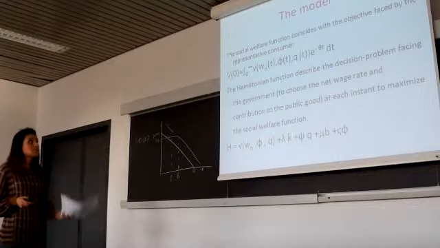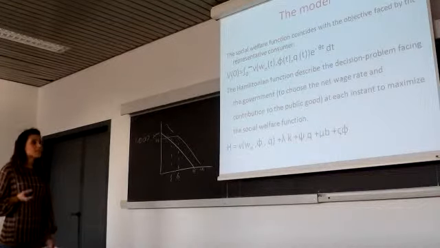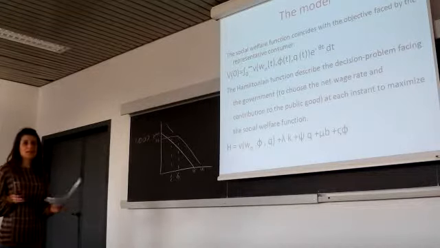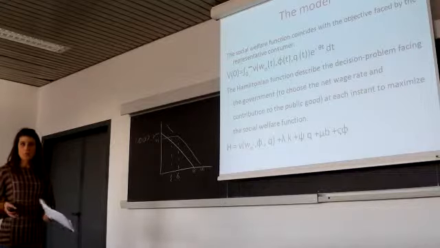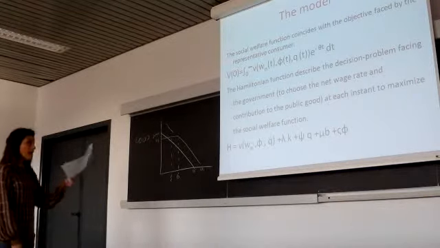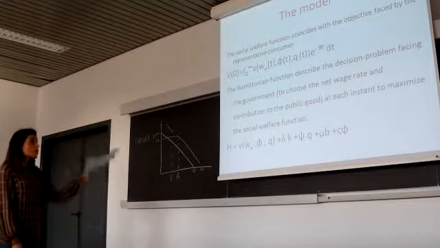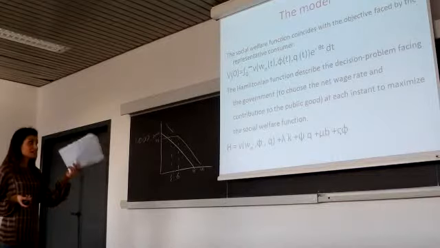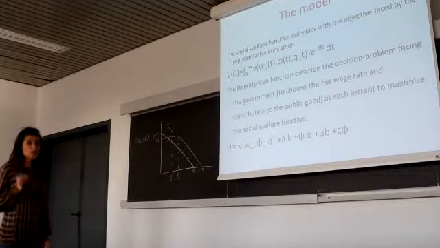So this is the model, the Chamely model. I'm going to show quickly some instruments that they use to achieve the results. First of all, we have a social welfare function that is equal to an indirect utility function.